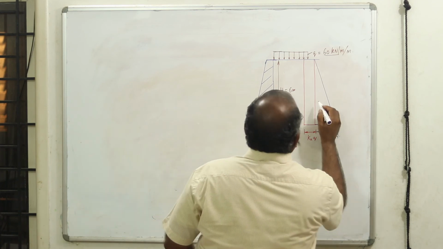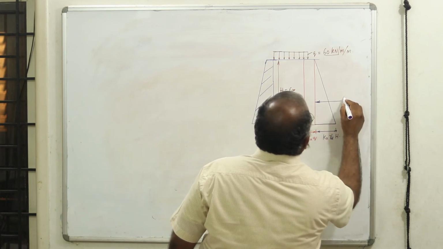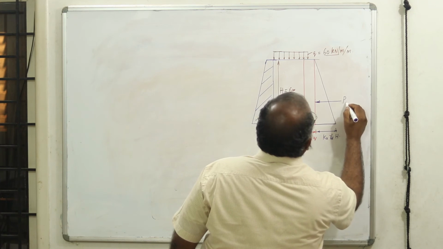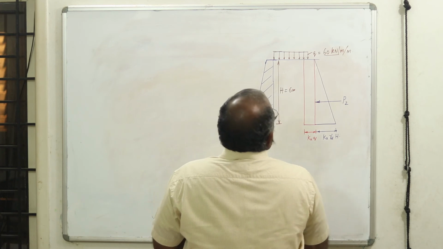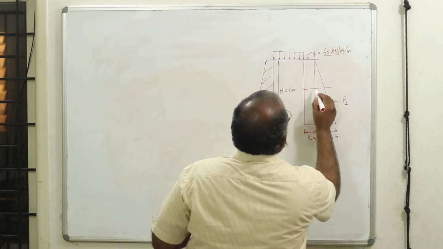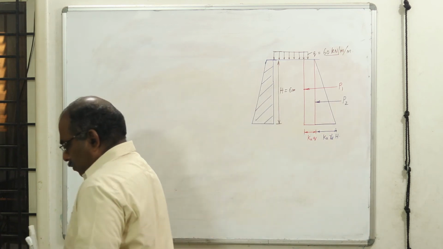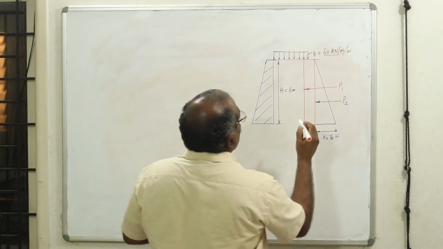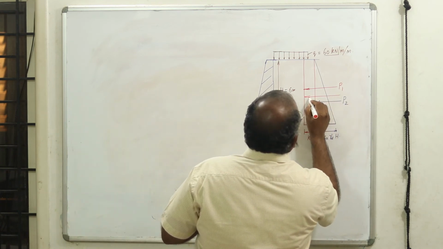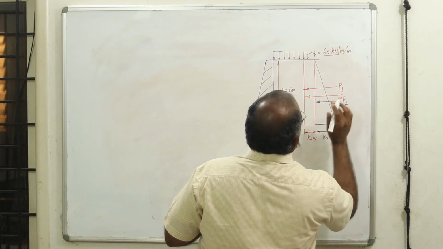Now we will have it at 1/3 of the base. This is P1, and this is, let us call it, P2. For the surcharge, let us call it P1, and for the combined, let us use PA.